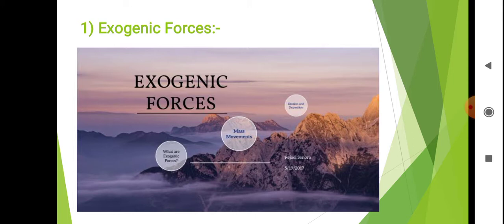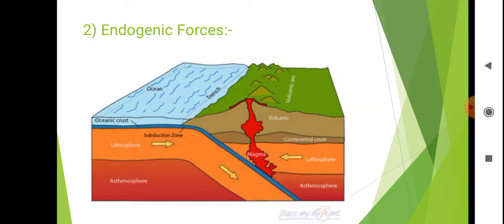Second, the endogenic force. The forces coming from within the earth or taking place in the interior of the earth are called endogenic forces. They work abruptly as well as slowly.